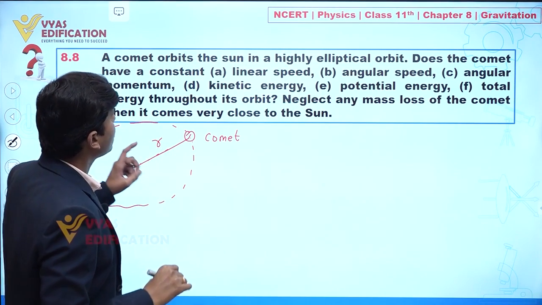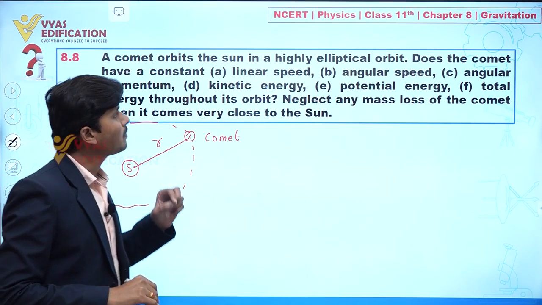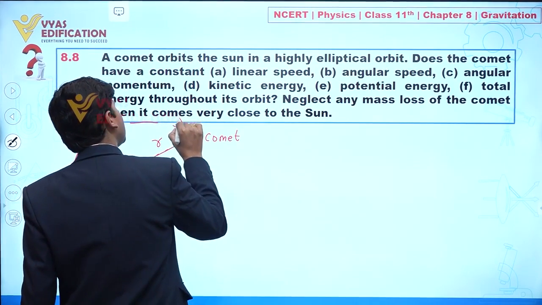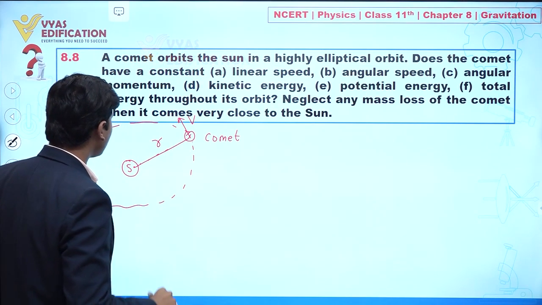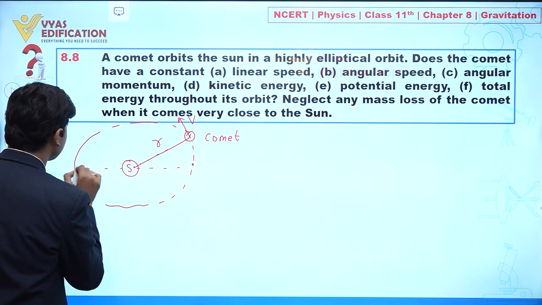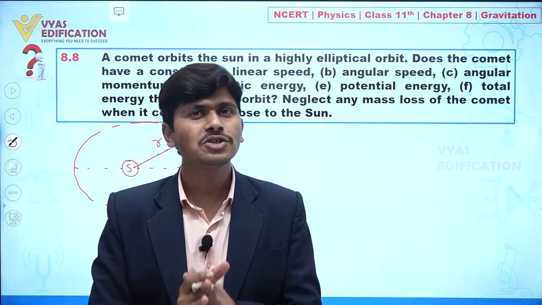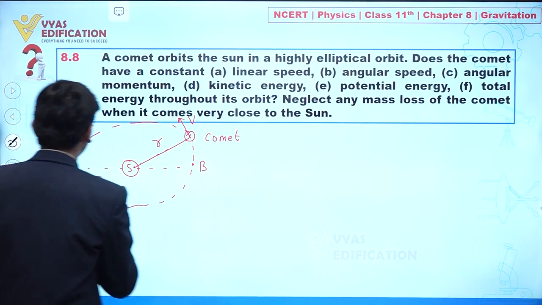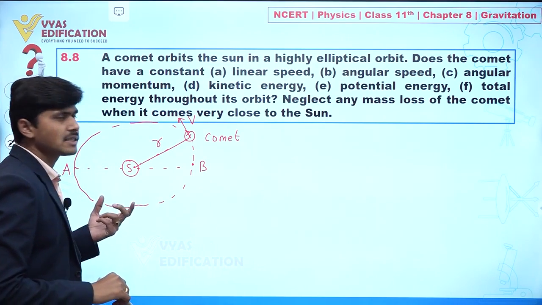Now in this question it is given, does the comet have a constant linear speed? Linear speed means this comet is going with a certain velocity v. If we are talking about this point and this point, one point is very near to the sun and the other is far away from the sun.